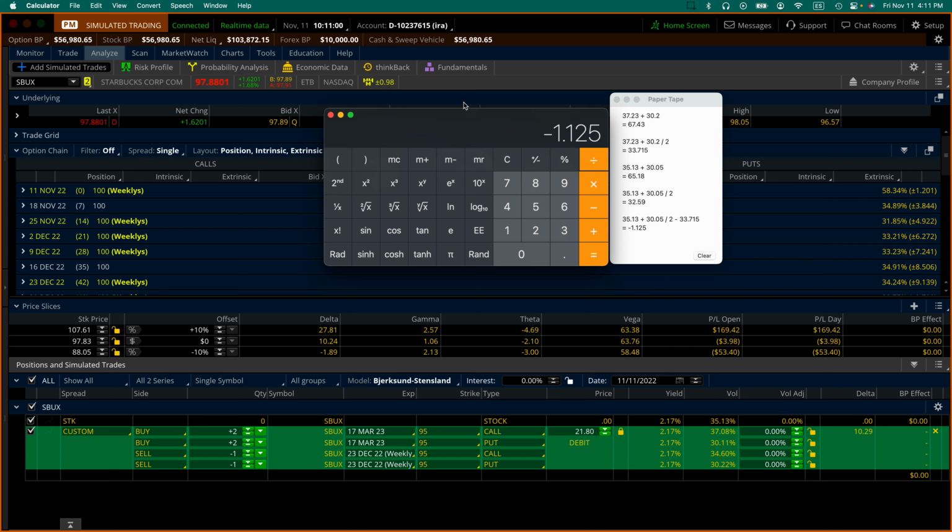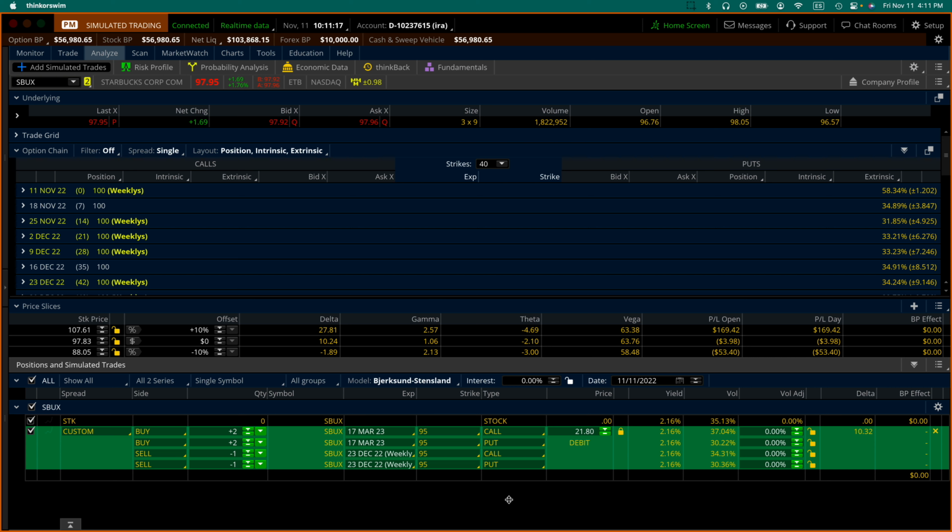Okay, so that's good enough. Minus 1.125. So that's 1%. That's good enough. Okay, so the skew is just fine.